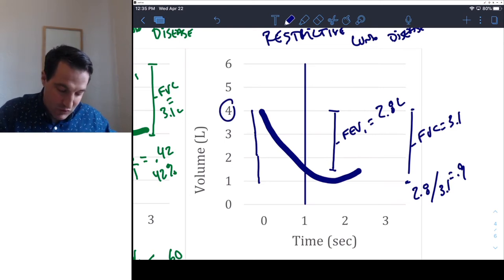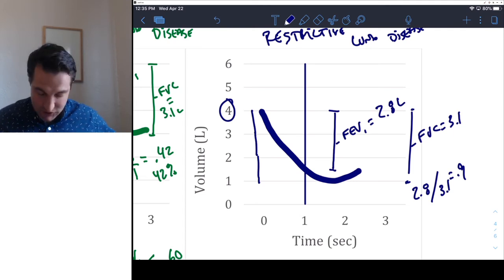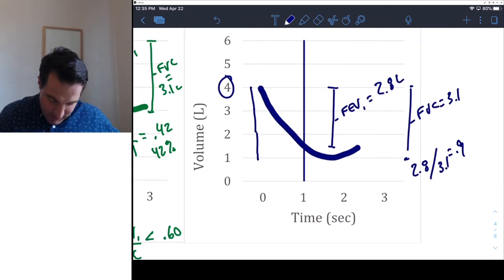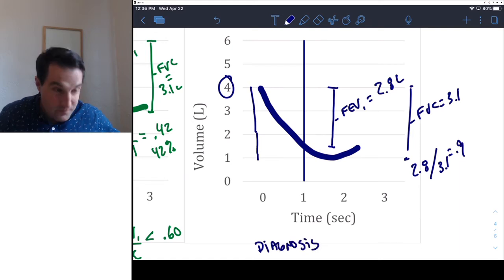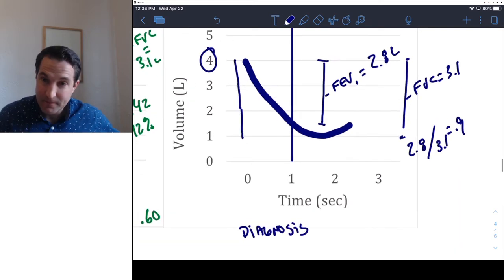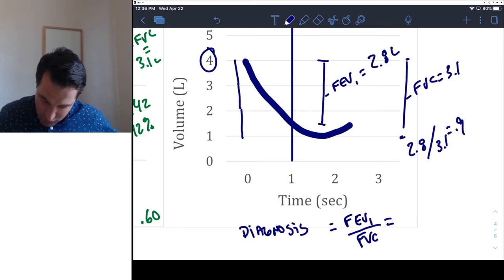Generally, it's going to be a person who has trouble breathing who doesn't have obstructive. But you can also look at this, and there's a little bit of a diagnosis, which we would say that FEV1 over FVC is equal to or above normal.